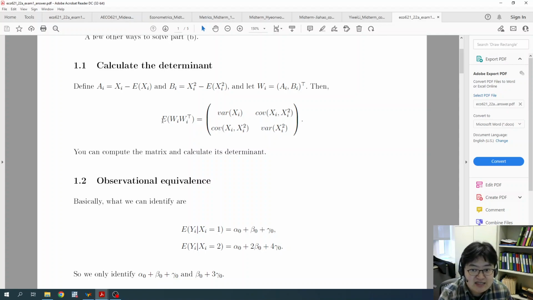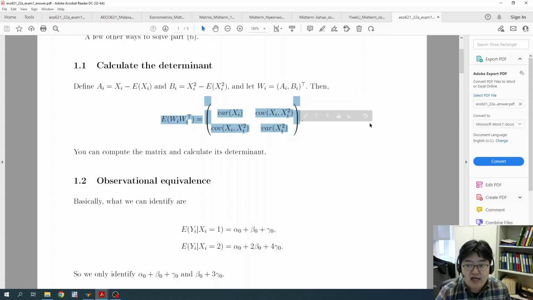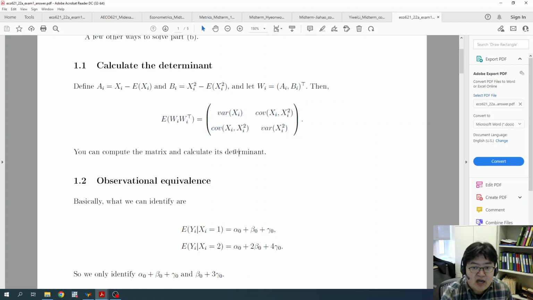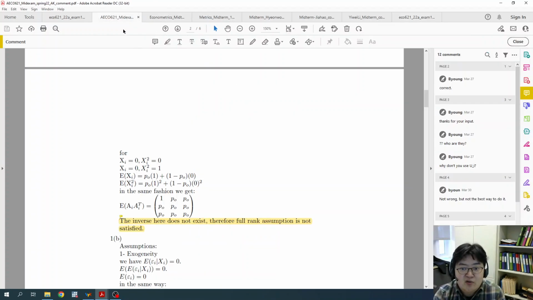This has been our approach in this class, in the homework, and in all the classes. So then you will get the determinant equal to 0. But this is incomplete: with a 3 by 3 matrix, you have to show the determinant.